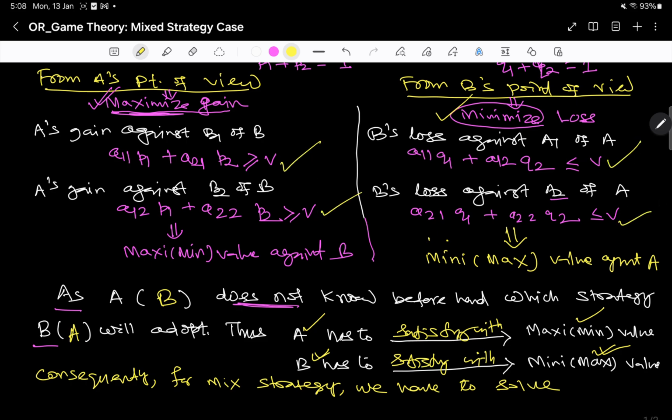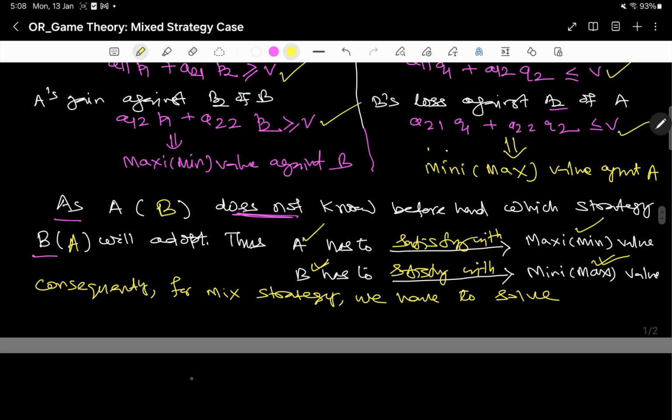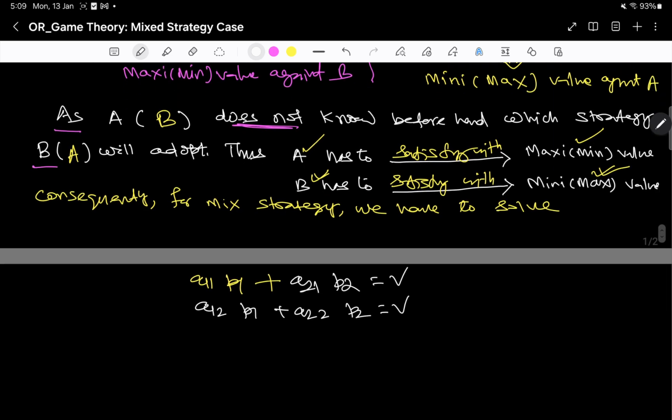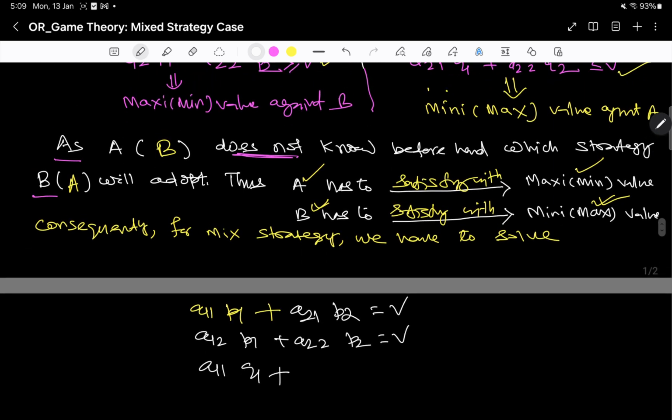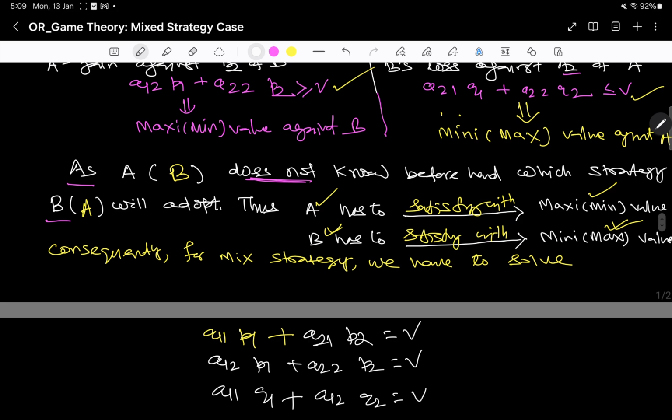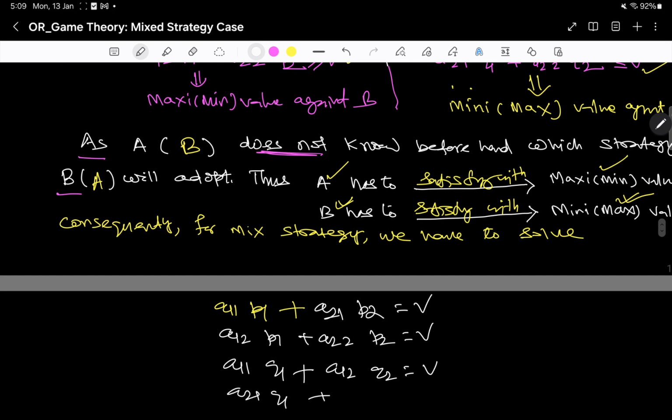we have to solve for the mixed point. We have to solve A11 P1 plus A21 P2 equals V, and similarly A12 P1 plus A22 P2 equals V, and similarly A11 Q1 plus A12 Q2 equals V, and A21 Q1 plus A22 Q2 equals V. Now we have to solve these four equations.